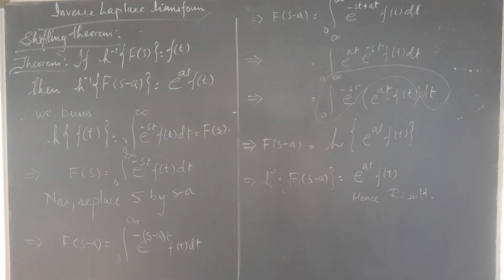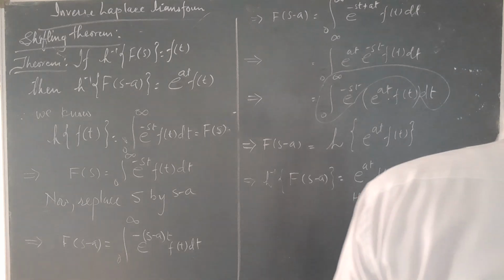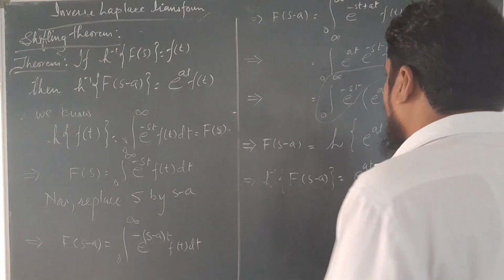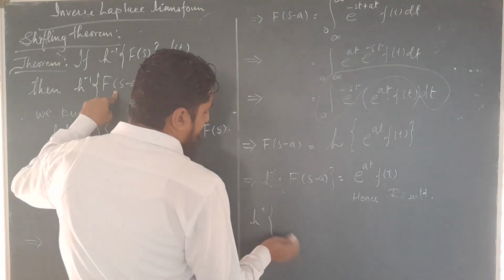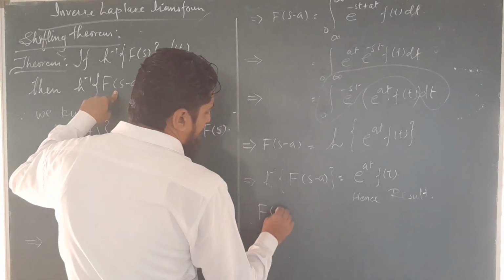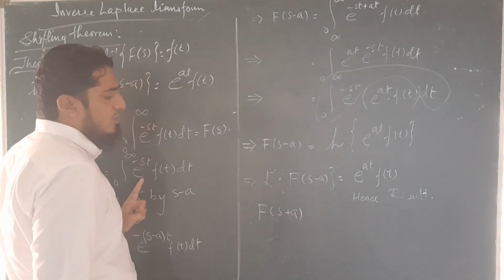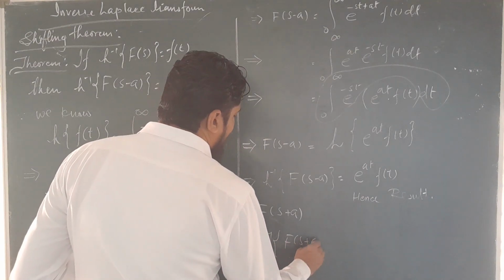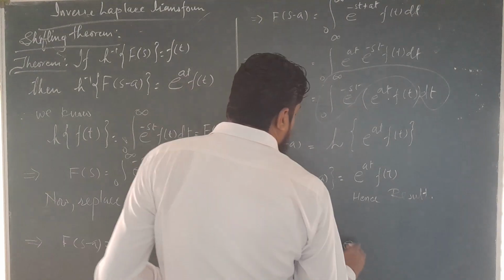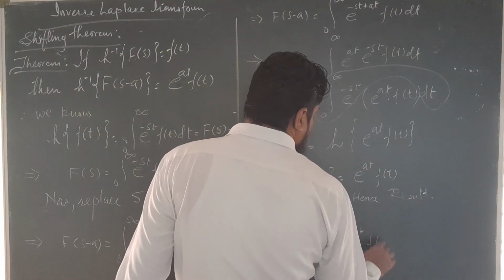Now if we have f of s plus a, then we will get the inverse Laplace transform of f of s plus a is equal to e raised to minus at f of t.